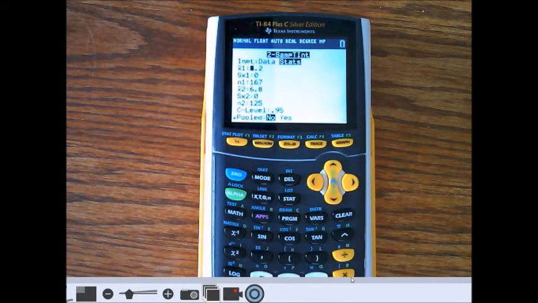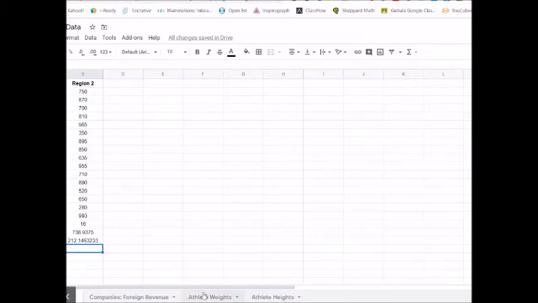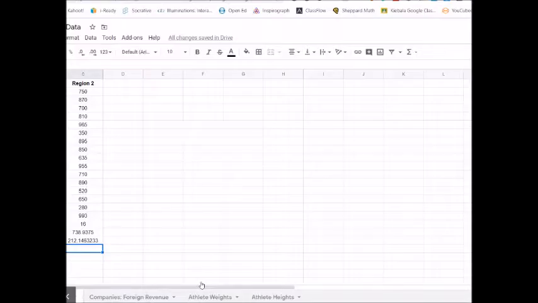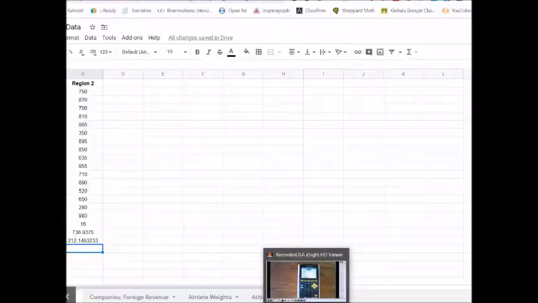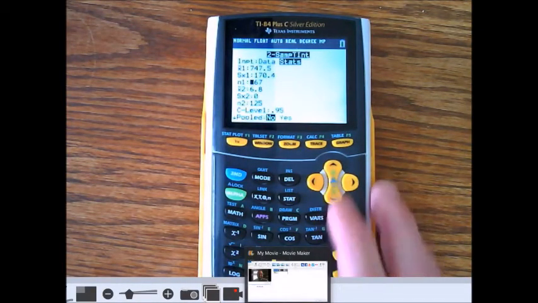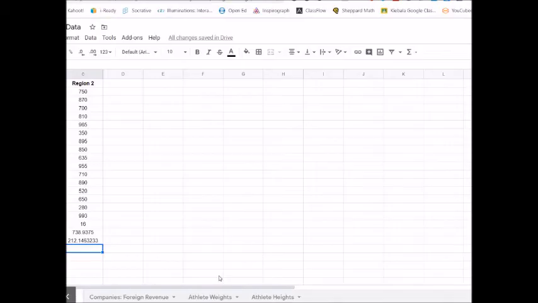We got x bar 1, which is 747.5, the sample standard deviation, which is 170.4, and the sample size was 12.